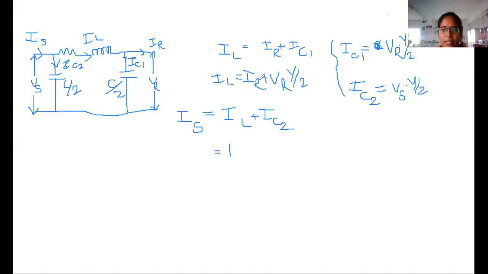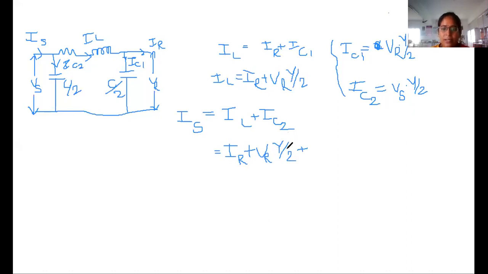In the place of IL, we can substitute the value IR plus VR into Y by 2, plus IC2. The IL expression is IR plus VR into Y by 2.